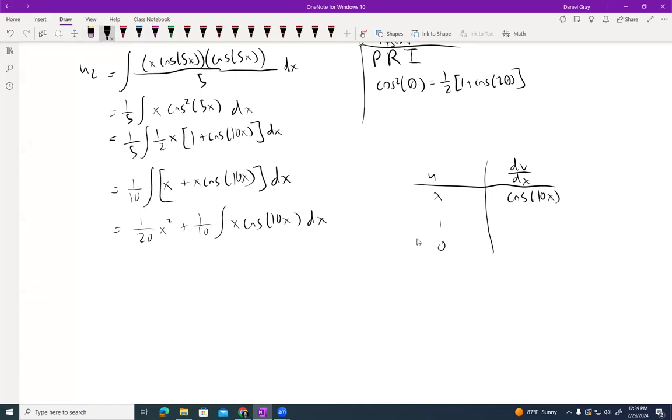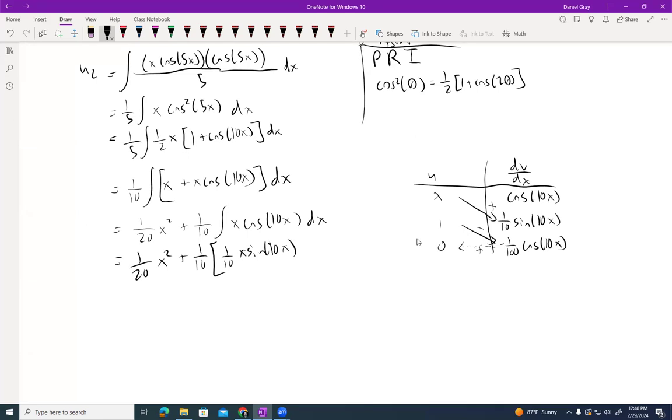I'm going to take the integral of this, and I get 1/10 sine of 10x. I take the integral again, and I get negative 1 over 100 cosine of 10x. Take this times this with a plus sign, this times this with a minus sign, backwards, arrow, plus. So this is going to be 1 over 20 x squared plus 1 over 10 times this integral, which comes out to be 1/10 x sine of 10x.